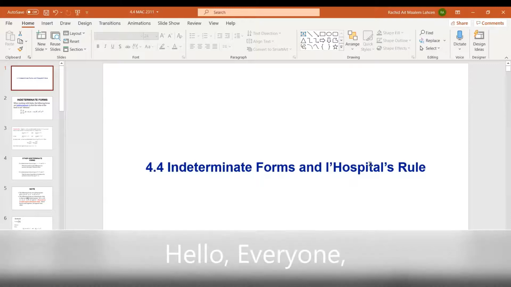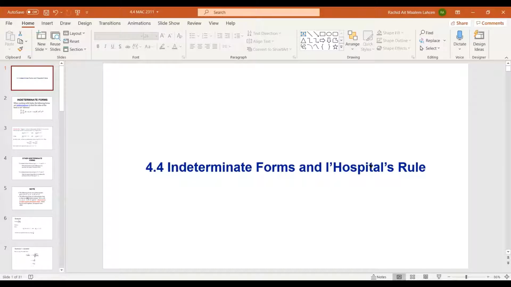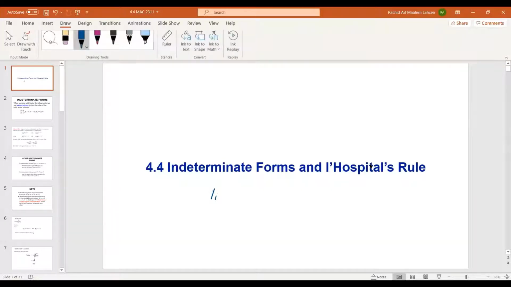And here we're going to see a nice rule, which is L'Hopital rule. And something that happened while we worked on this is when we worked on the limits, they helped us to achieve the derivative, right?